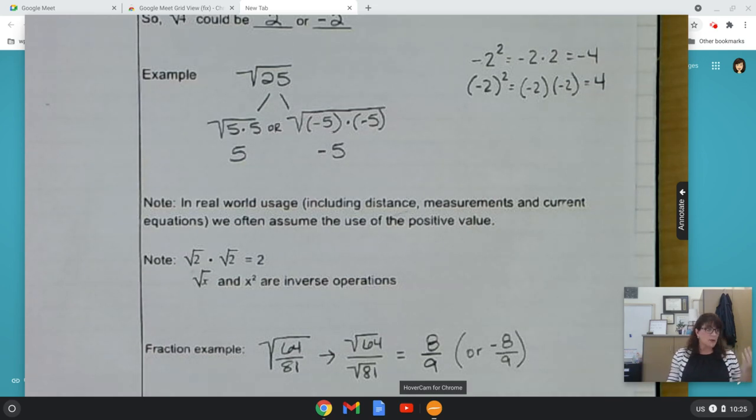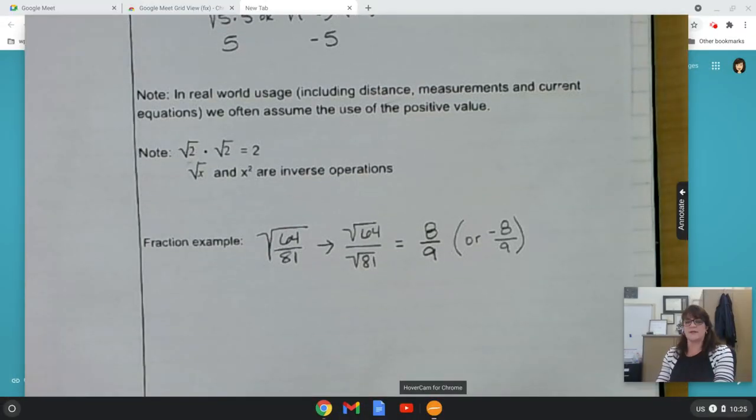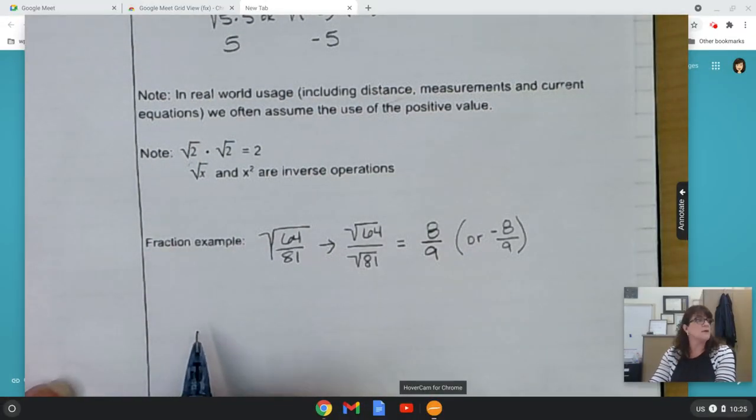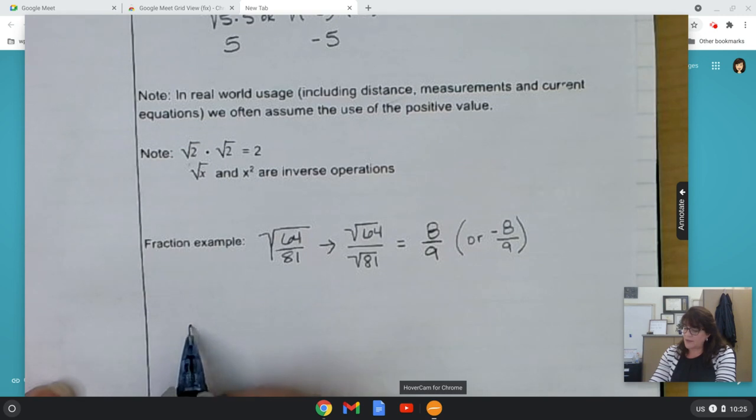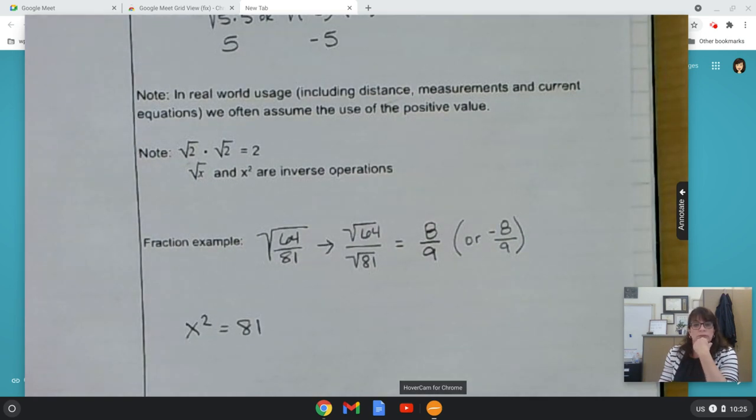Here's an example of an equation, and this is going to feel very simple after other things we've done. Let's say I have the equation x squared equals 81. What's the value of x?